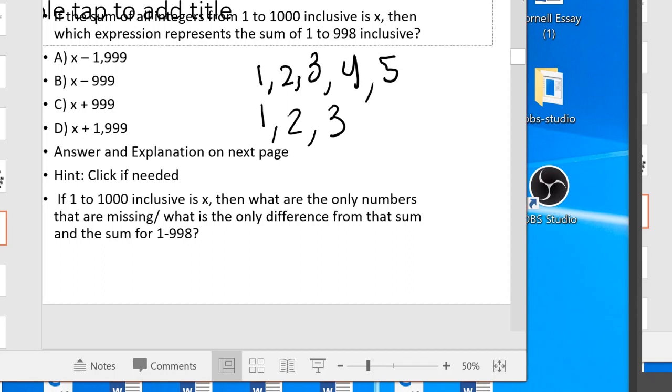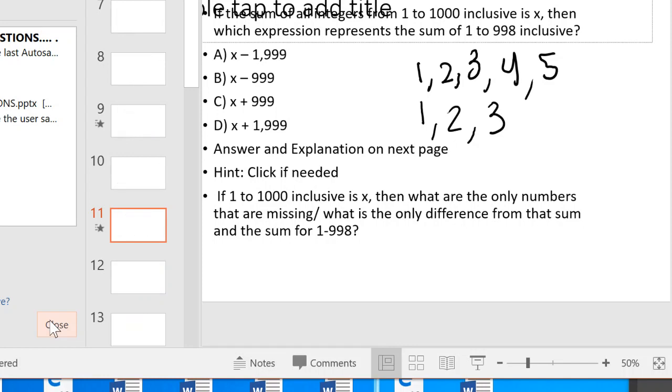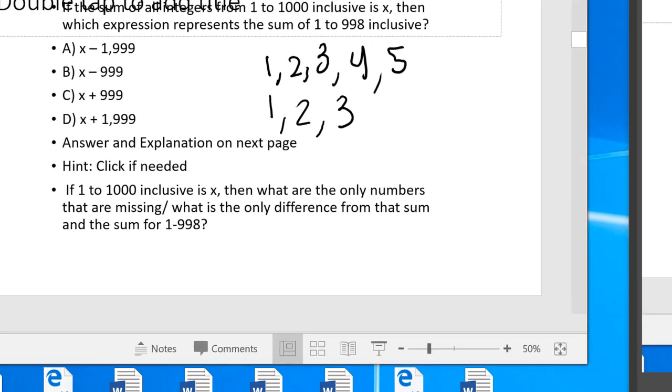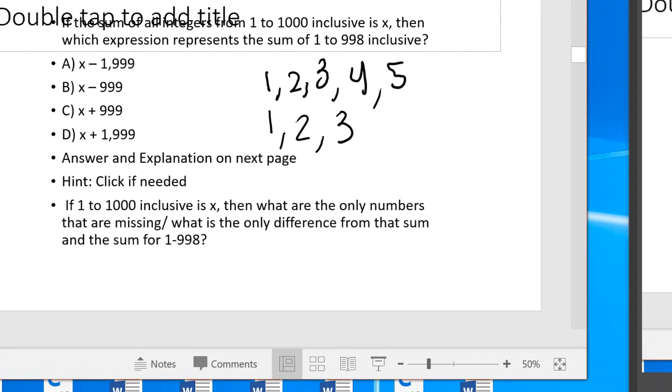And then I have 1, 2, 3 like this, and in the second set I only have 997 and 998, something like this, okay?